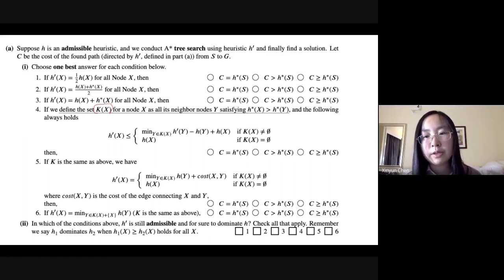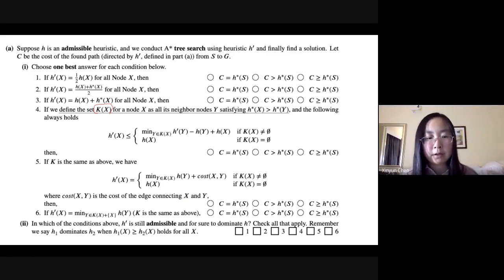So this definition is related to the optimum heuristic H star. Then with this definition, we want to see whether H prime is still an admissible heuristic.